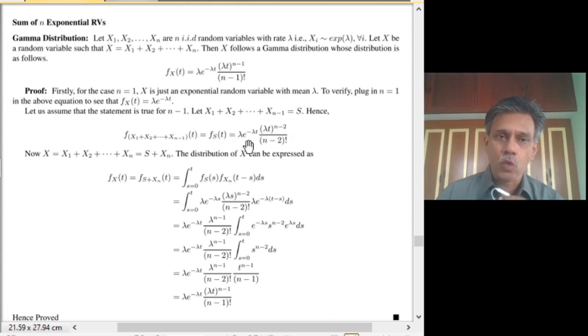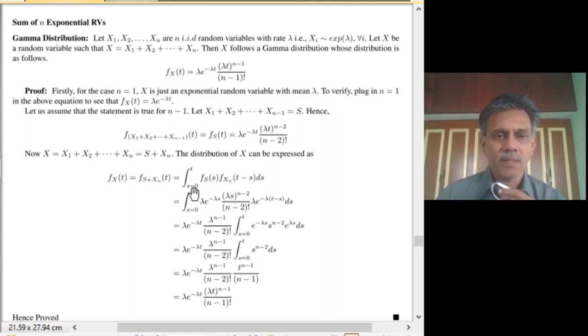If this assumption is true, then X is the sum of two independent random variables. See, Xn is independent of all the other random variables X1, X2 to Xn minus 1, so Xn is independent of S. So Fx of t is f of S plus Xn of t, and therefore we can get this through the formula of convolution of two density functions.